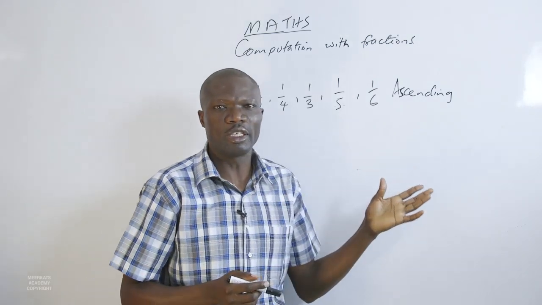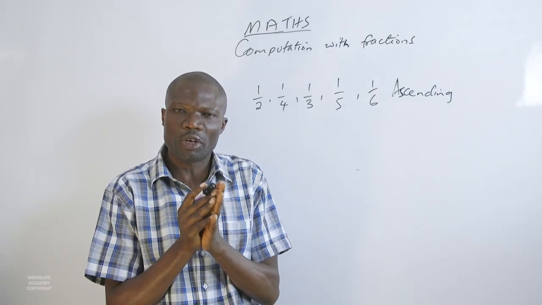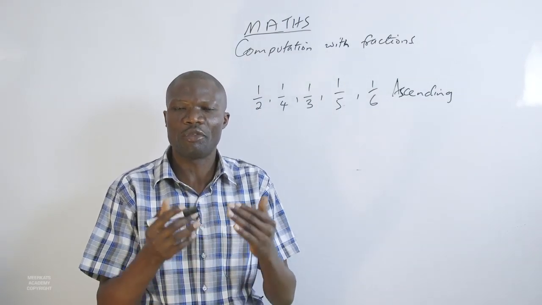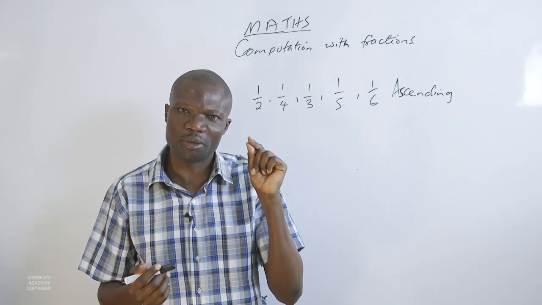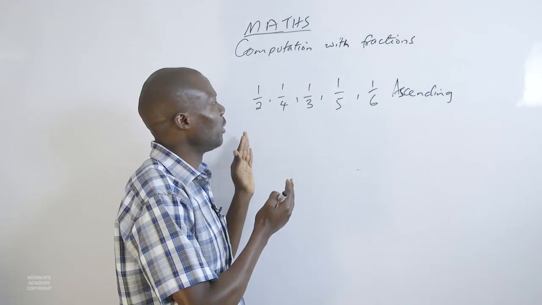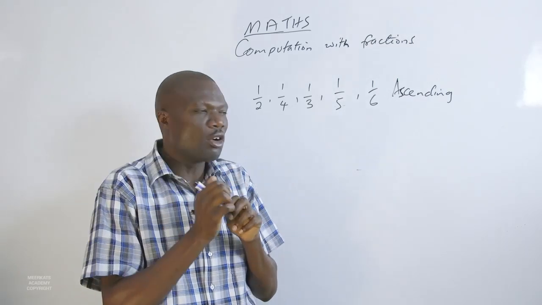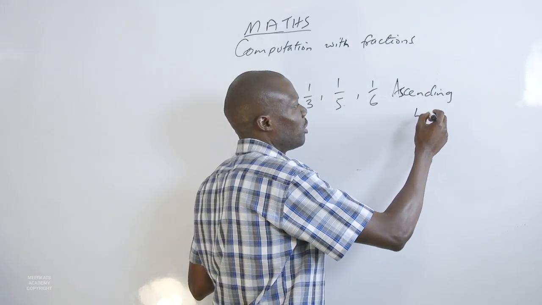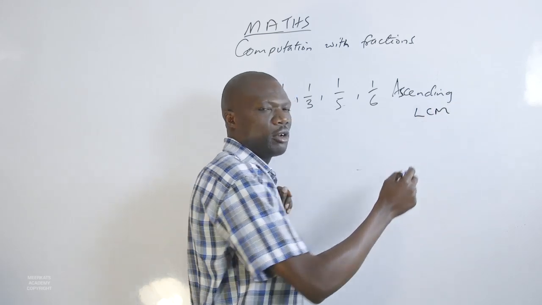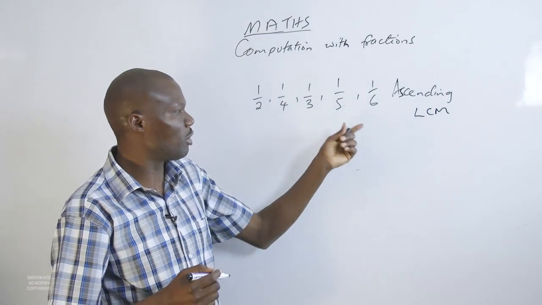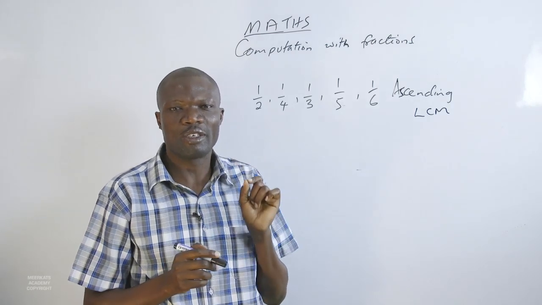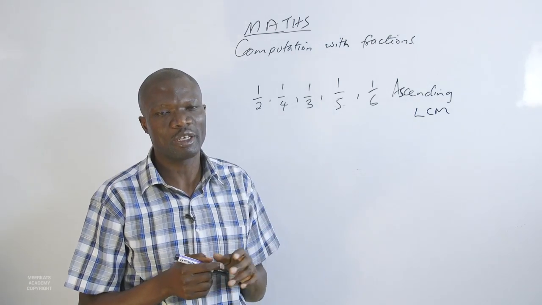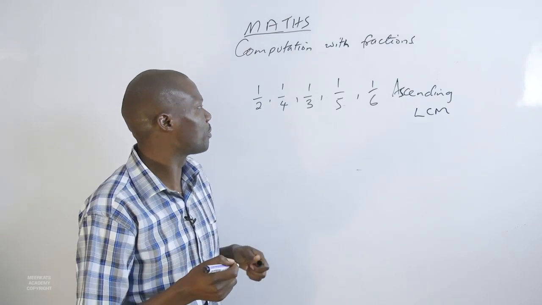For us to do this, we must compare fractions which have the same denominator. These fractions do not have the same denominator, so we shall look for the lowest common multiple or lowest common denominator for all, and then we come up with their equivalent fractions and start comparing the numerators.